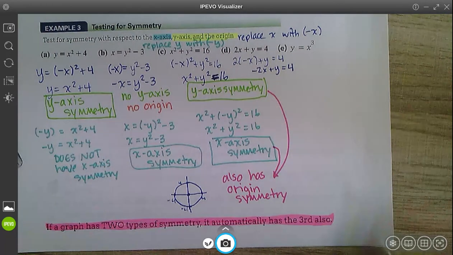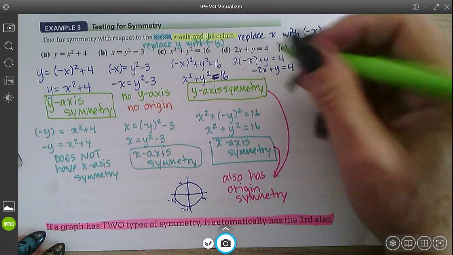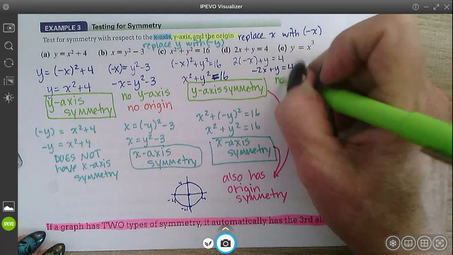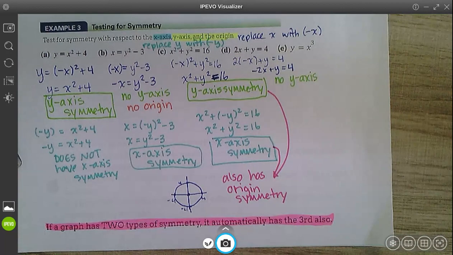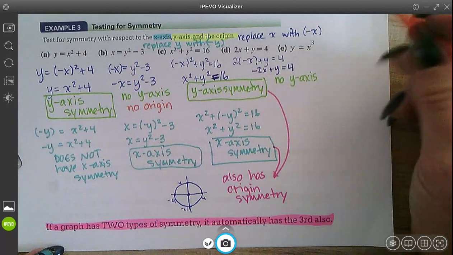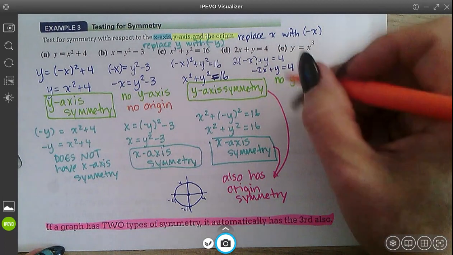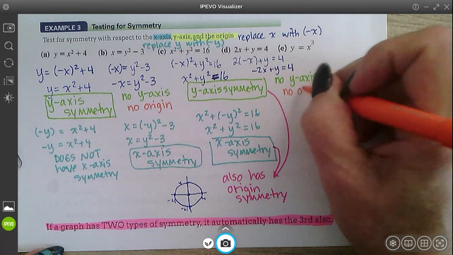It is not. So this graph does not have y-axis symmetry. What about origin symmetry? Are all of the signs opposite? Nope, all of the signs are not opposite, so it does not have origin symmetry.